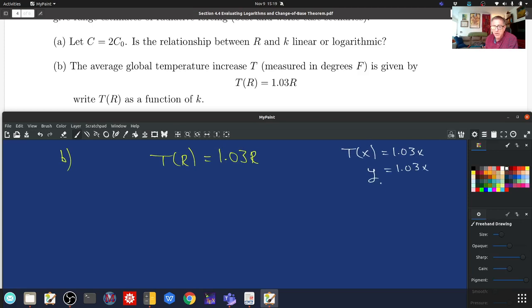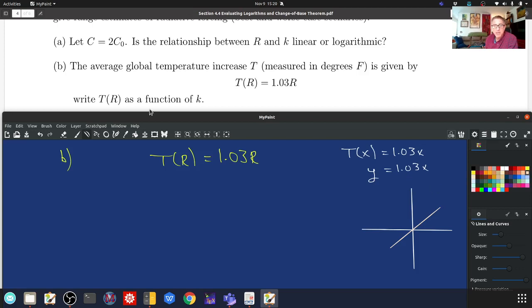So on the regular scale, the scale you've already used, this is going to be a line with a positive slope that goes straight through the origin, and would look something like this because the slope is just barely over 1. So it's very, very close to the line y is equal to x.